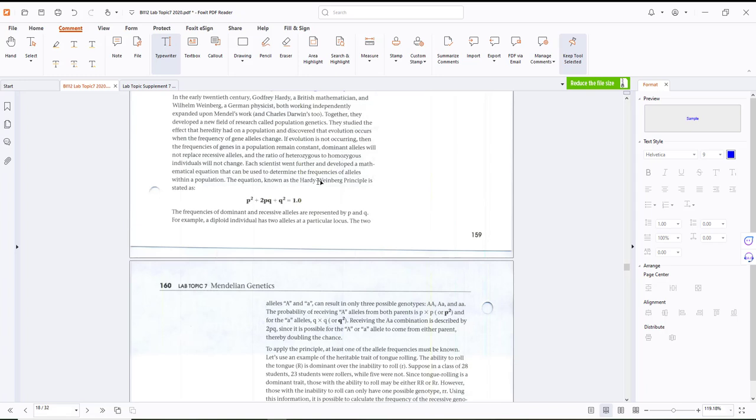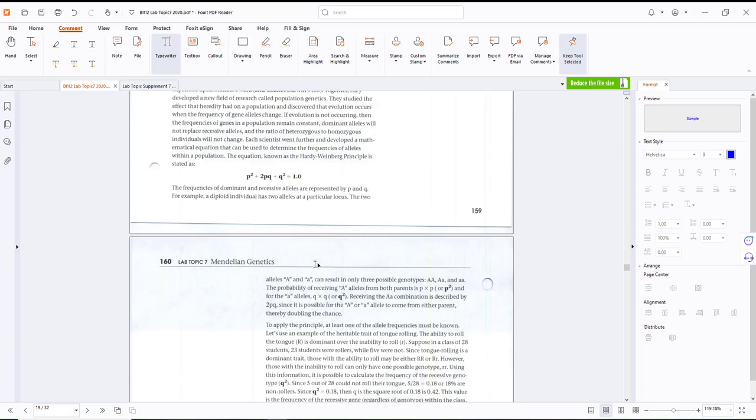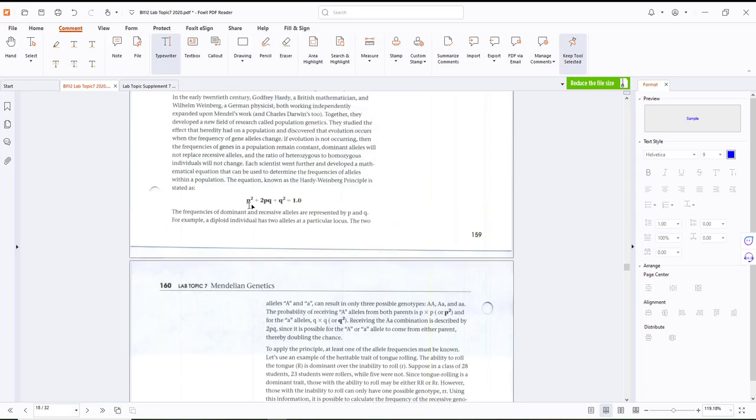Okay, so when we look at this formula, there's a couple of things that we'll notice. It's called being in equilibrium. So basically it's p squared plus 2pq plus q squared equals 1.